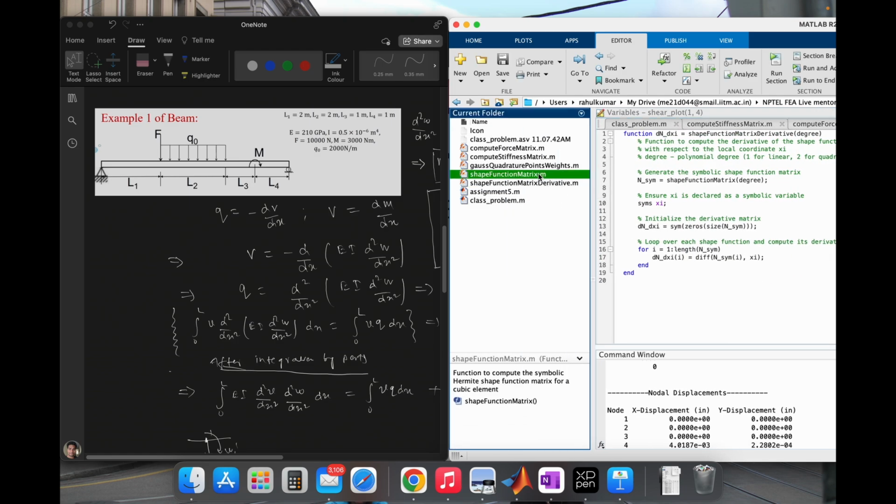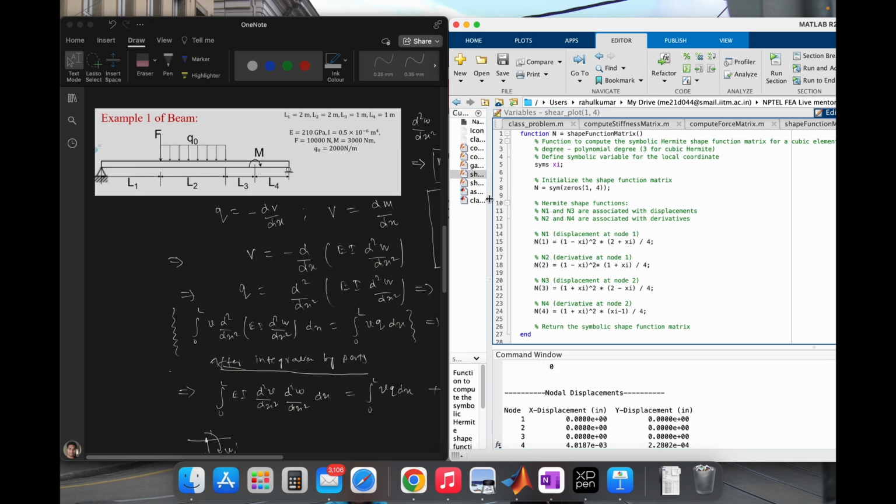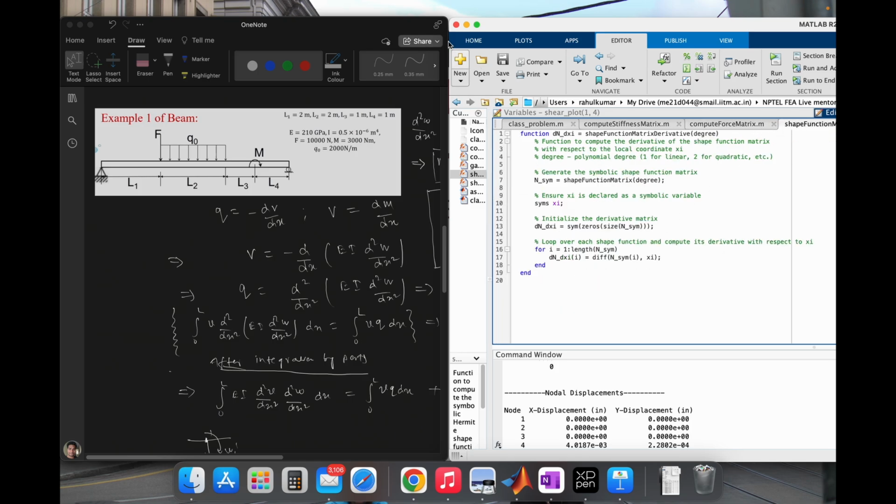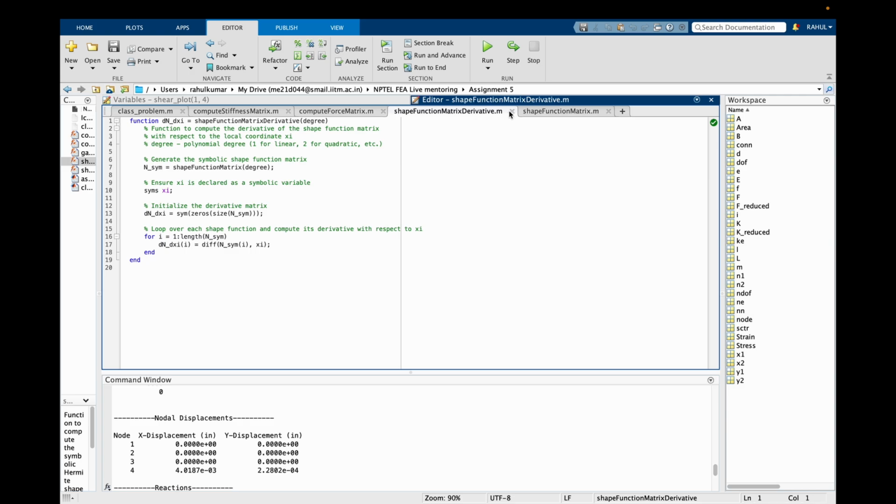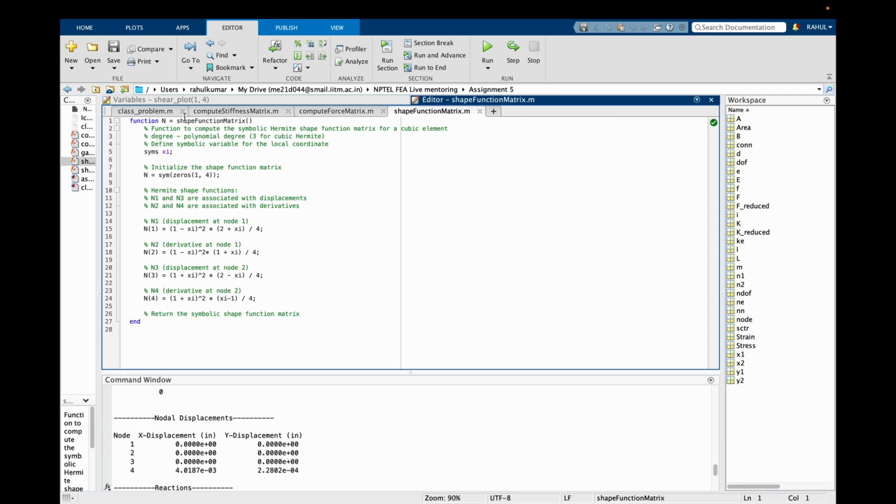This is the shape function matrix we are using. This is the derivative actually, so we will not look at that derivative, we will see the shape function matrix. Here we can see that this is the shape function for the Hermite cubic polynomial, so it will return N1, N2, N3 and N4.